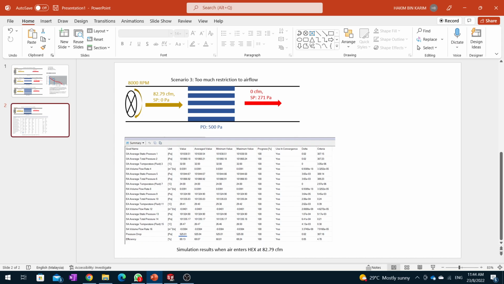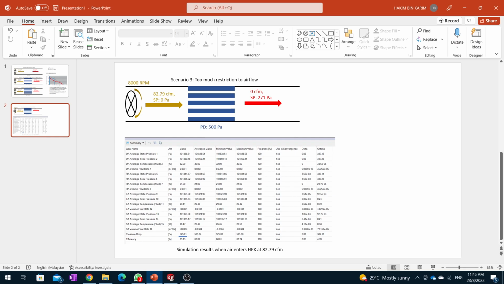And then this pressure drop is 525 Pascal. So this is our main issue we are facing right now. There's no air that can pass through the heat exchanger because this pressure drop is higher than the maximum static pressure produced, which is 271 Pascal.